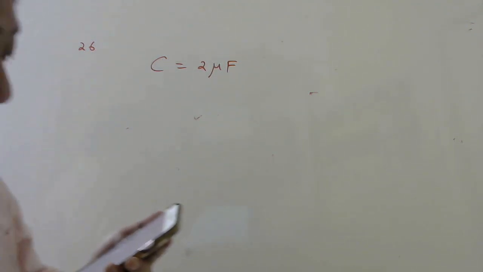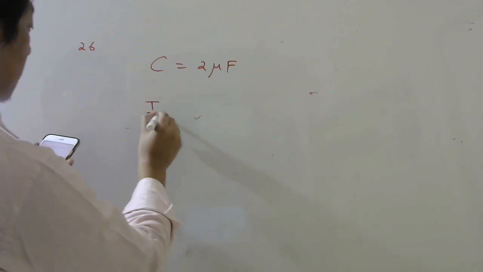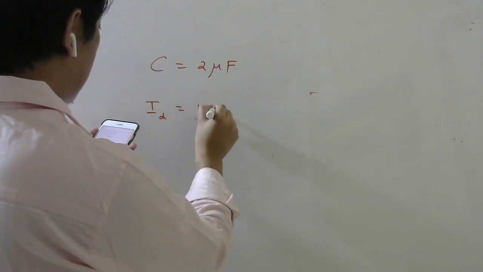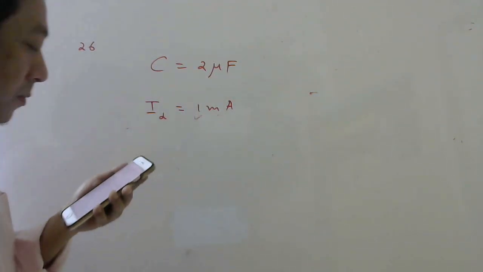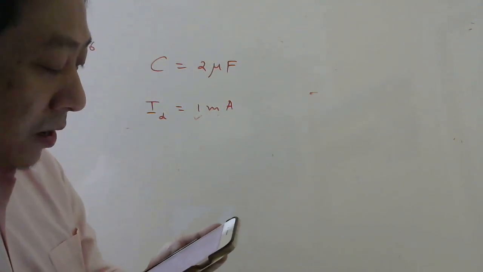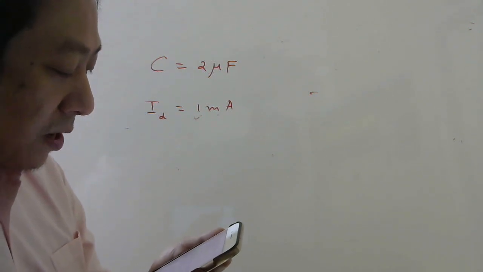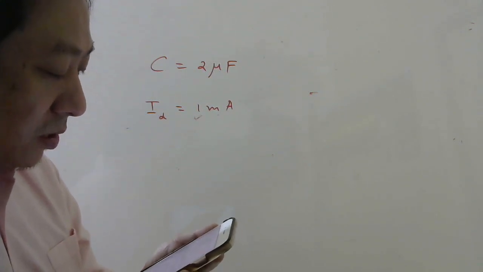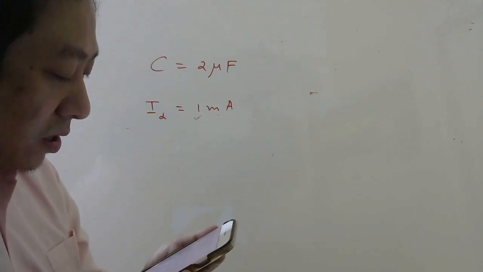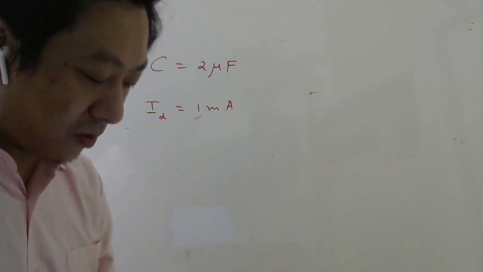How would you establish an instantaneous displacement current of 1 milliampere in the space between the plates by applying a varying potential difference of 500 volt per second, or by applying a constant potential difference.